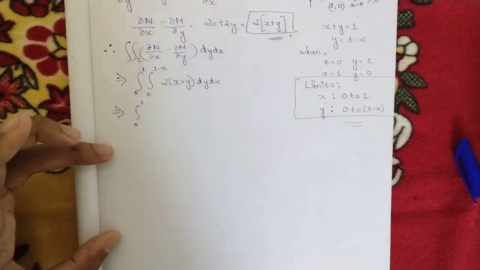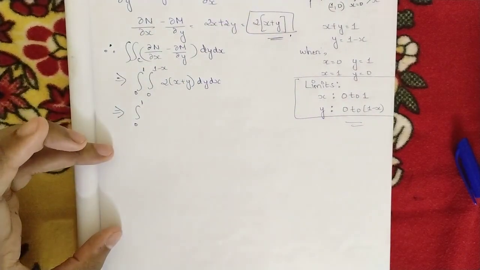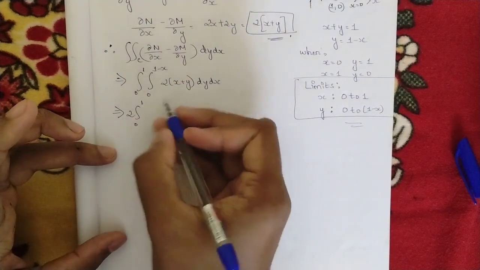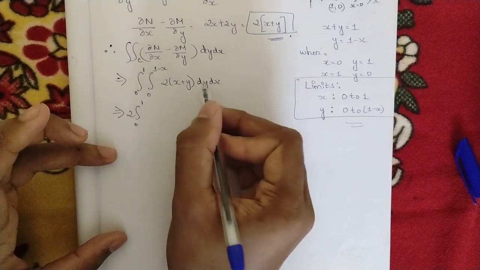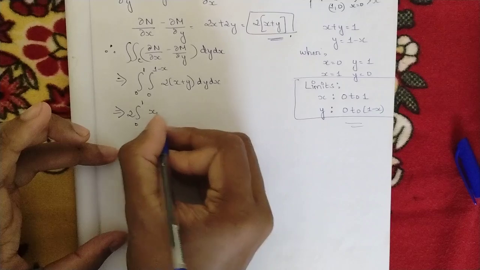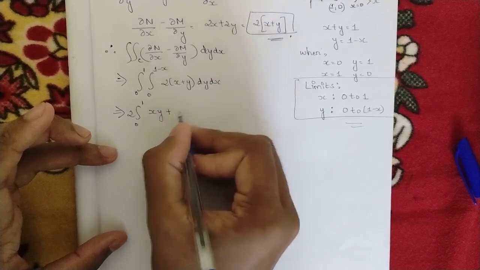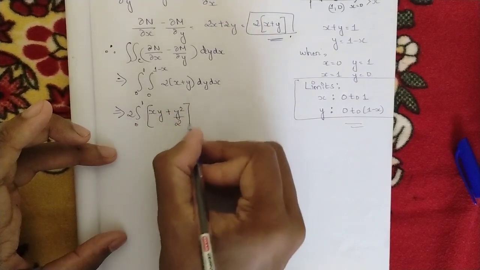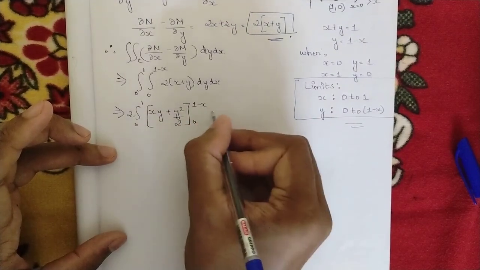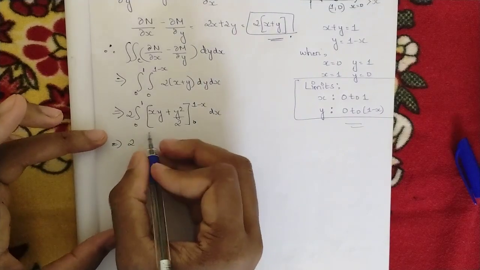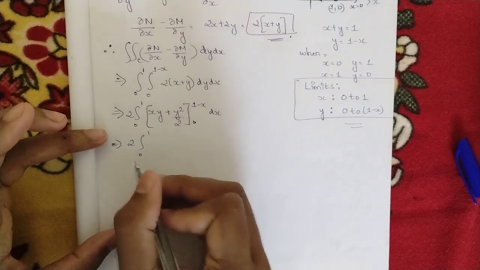So 2 into (x plus y): take 2 common outside and then integrate (x plus y) dy. Here x is a constant, the integration of dy is y, so we get xy plus y square by 2, with limits from 0 to 1 minus x, dx, outer limits 0 to 1.